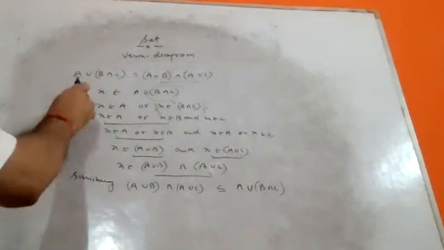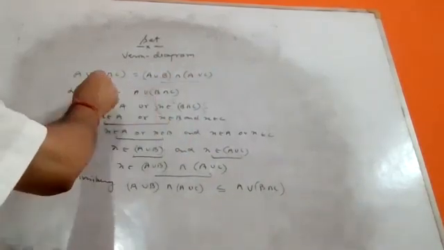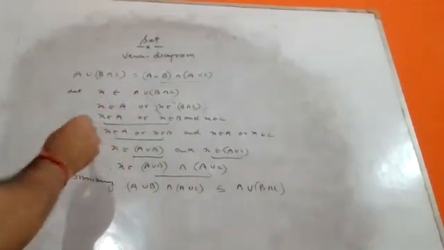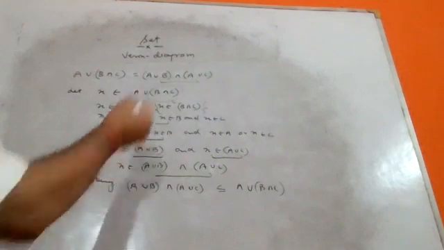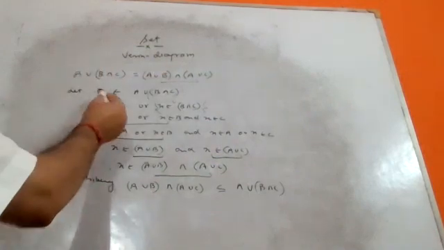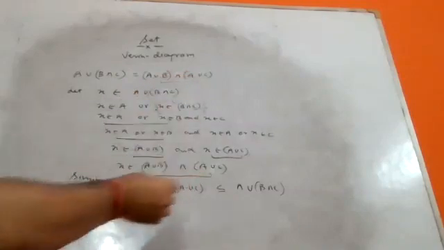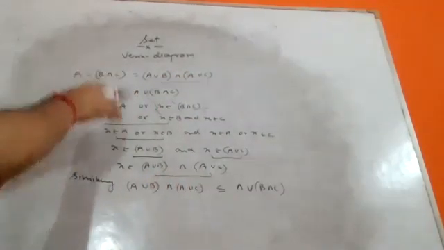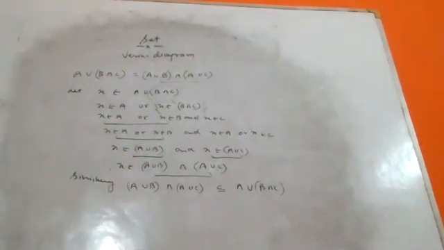We have to prove it from RHS to LHS. We start from the LHS portion. And again, if you want to prove this one to this one, you can take let y belong to A union (B intersection C), and so on. In this way, you can prove LHS equals RHS, or RHS equals LHS. Clear? This is the first case we have to discuss.